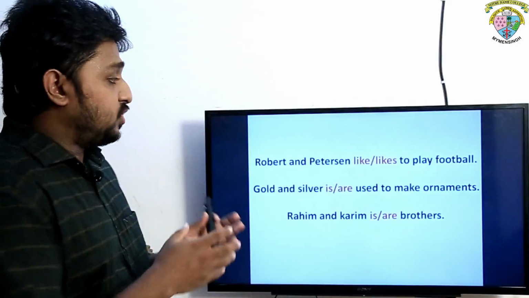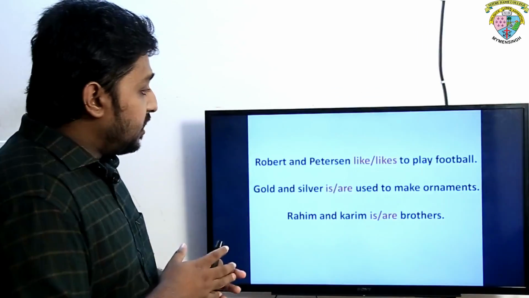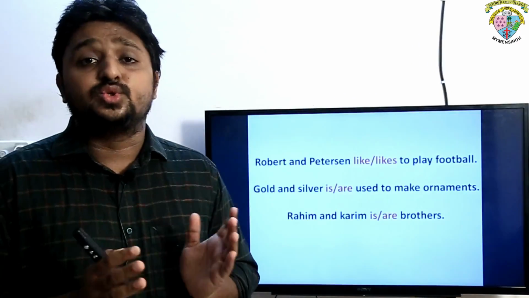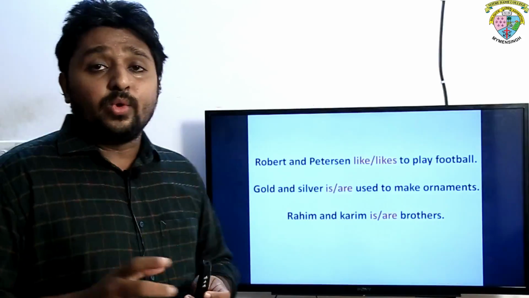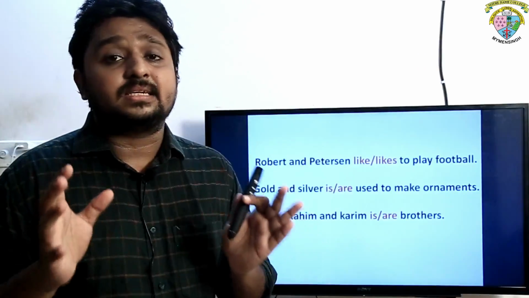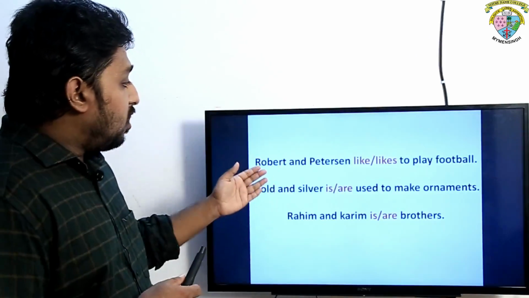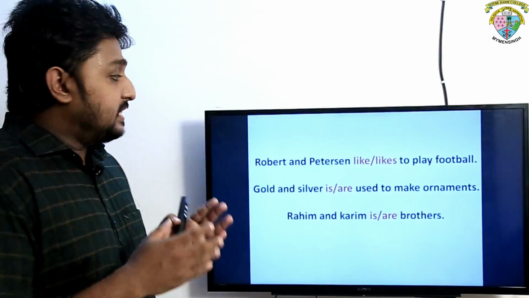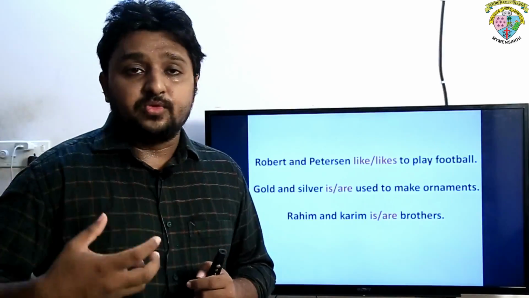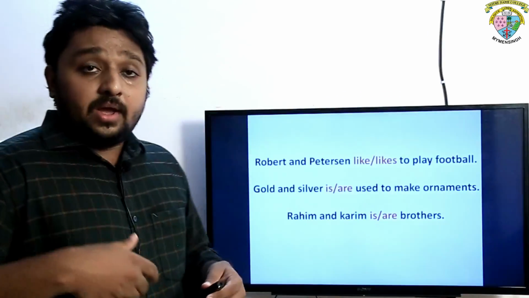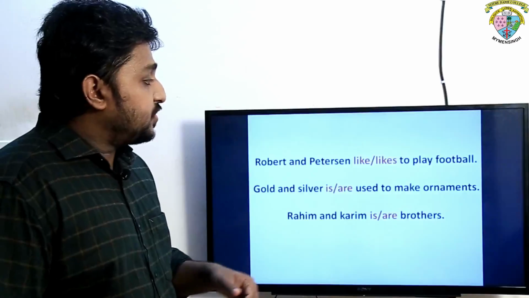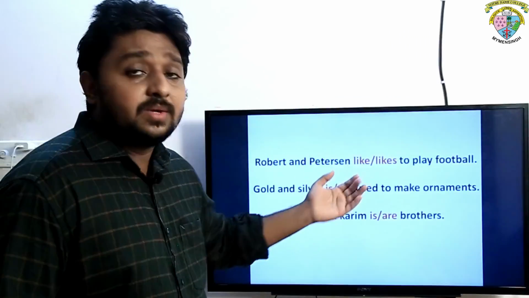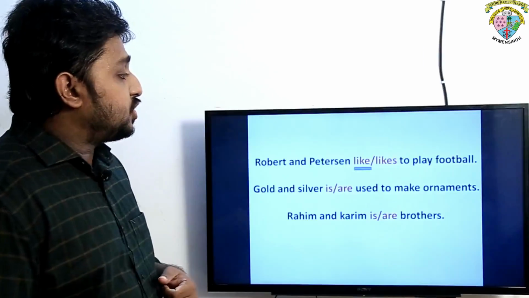We have to focus on the subject. There are two persons, two subjects, connected with the coordinate conjunction and. Robert and Peterson are two different persons, so they act as a plural subject, and a plural subject definitely receives a plural verb. So the correct answer should be like.